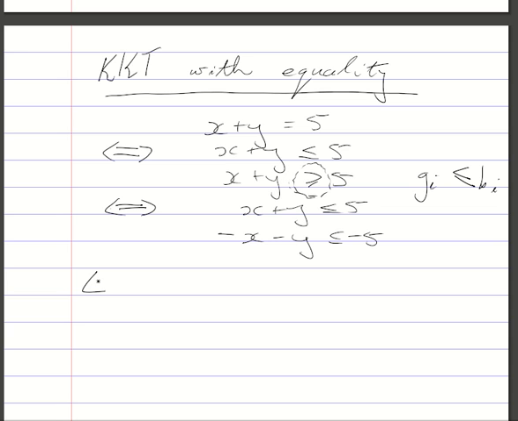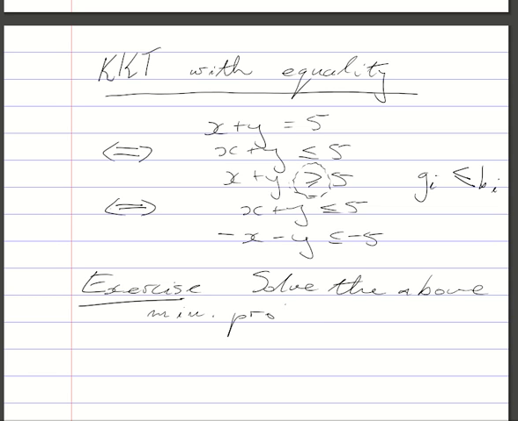So there's a good exercise for you in the use of KKT conditions. Solve the above minimization problem using KKT conditions instead of Lagrange multipliers.